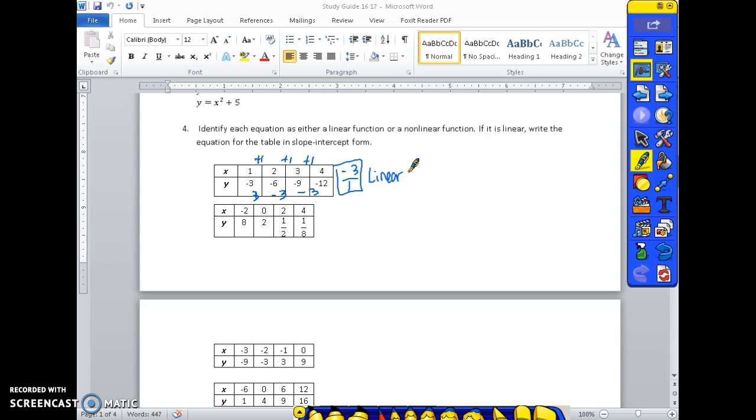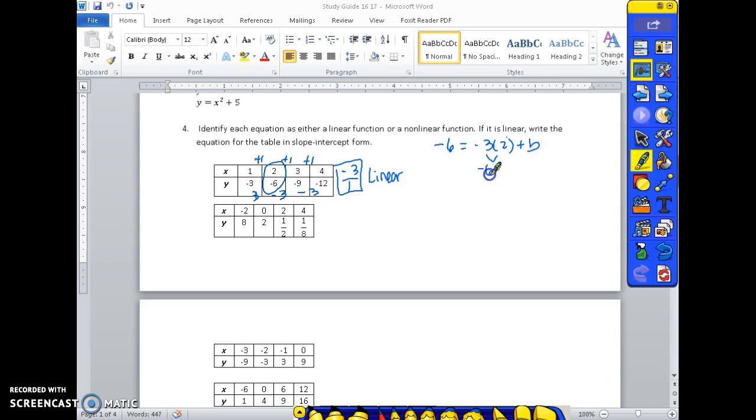To find the equation, first we look to see if x has a 0 in the table. It does not. So we need to pick an ordered pair to plug in. All we're doing is plugging in for y equals mx plus b. The y that I chose is being plugged in for y. My slope is being plugged in for my slope. The x that goes with that y is being plugged in for the x.